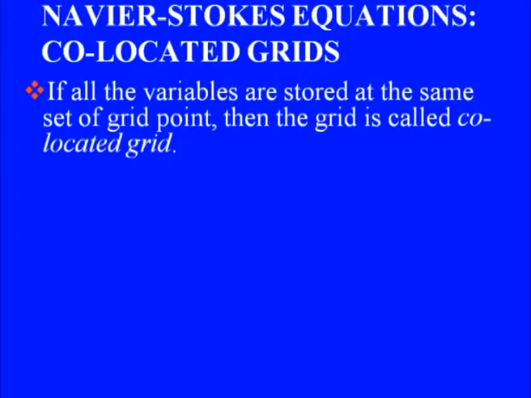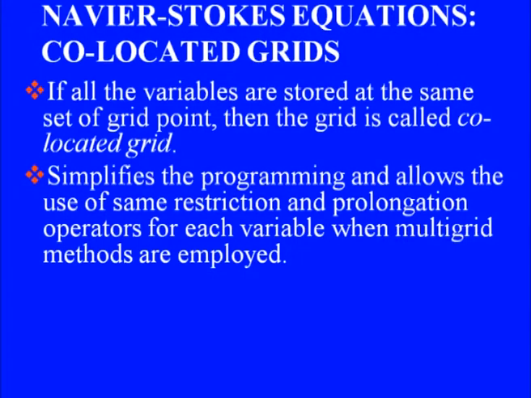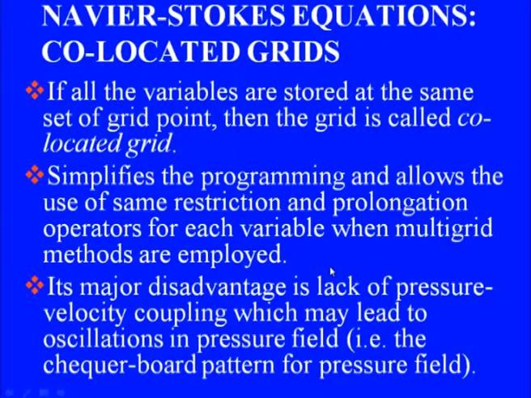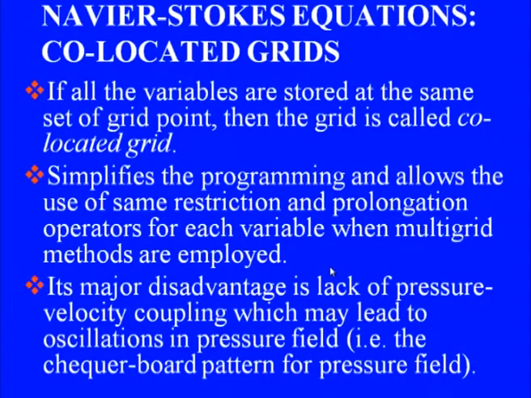Okay, so these co-located grids have been popularly tried in unstructured finite volume schemes, and a major disadvantage of these schemes is what we call lack of pressure velocity coupling, which might lead to what people call oscillations in the pressure field or checkerboard pattern for the pressure field. Now, this was the situation a decade or so back when these schemes were used extensively for the first time.